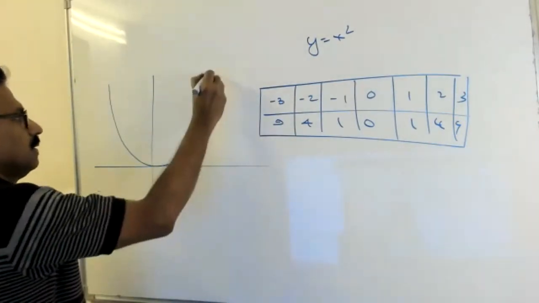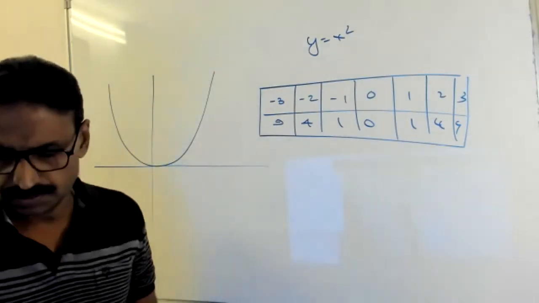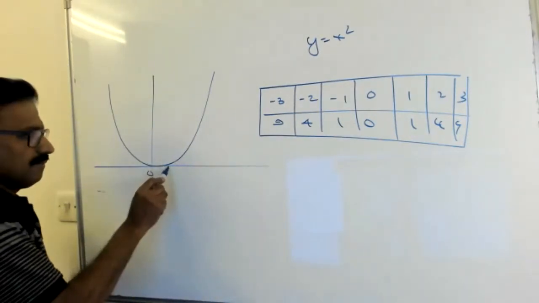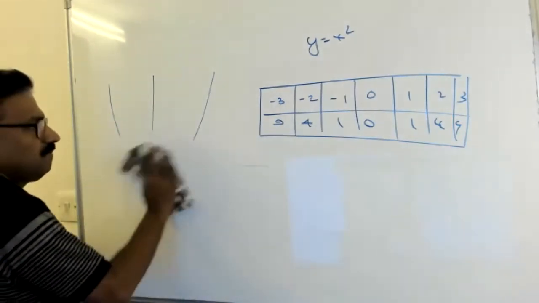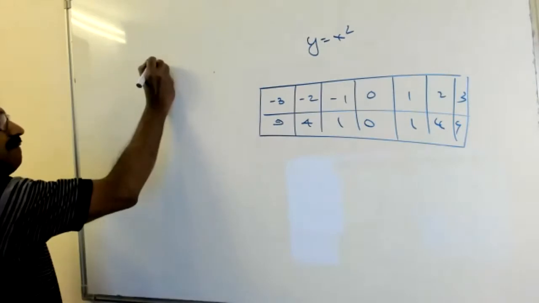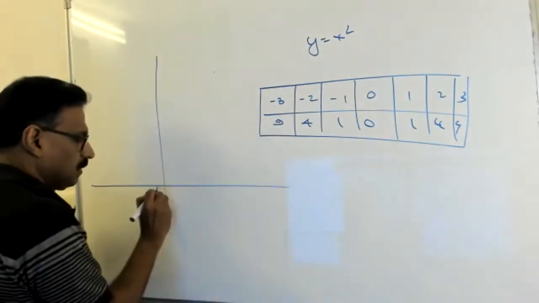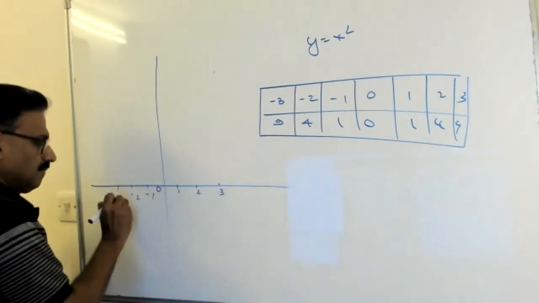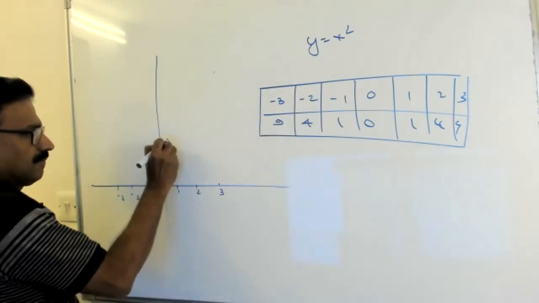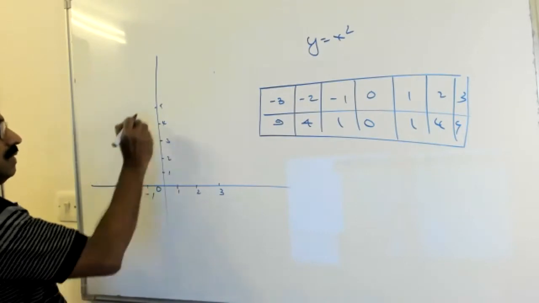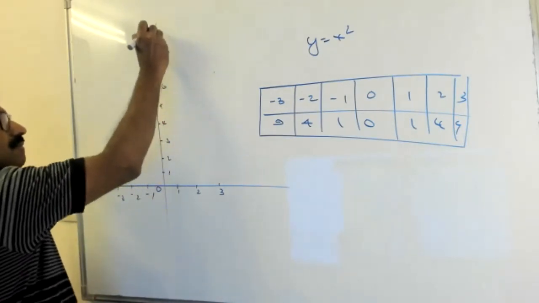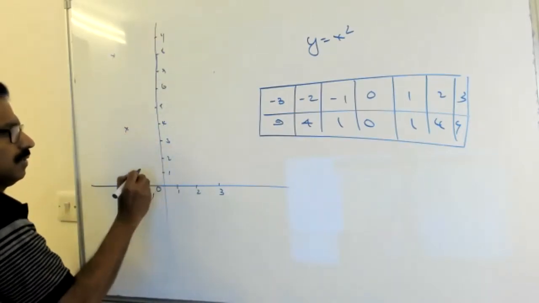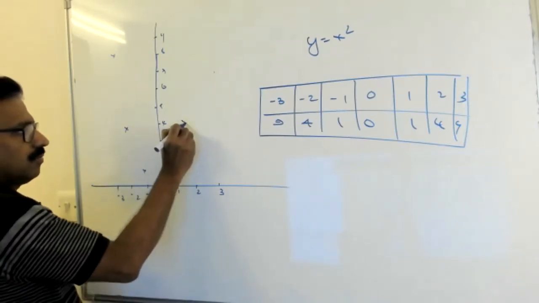Comes like this. Properly mark it. Okay, 0. Look. 9, 4, 1, 1, 4, 9.